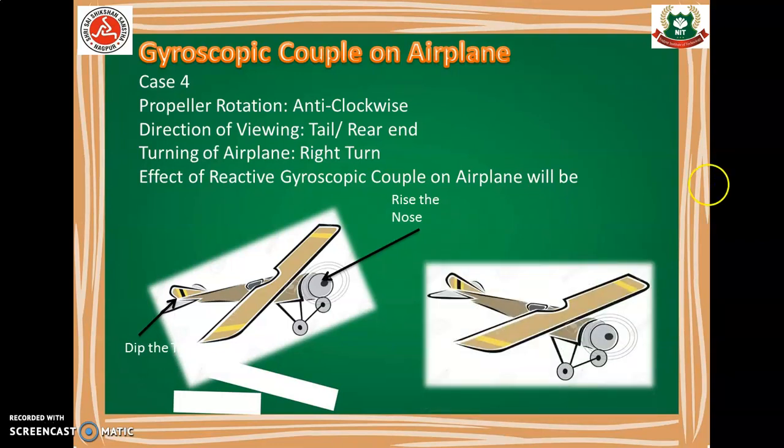Means when we are comparing the case number 4 with case number 3, what is changing? Only the turning of plane is changing. In case number 3, plane is going to take a left turn, and in case number 4, plane is going to take a right turn.